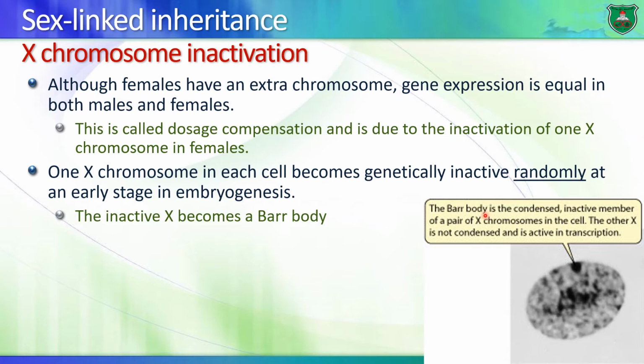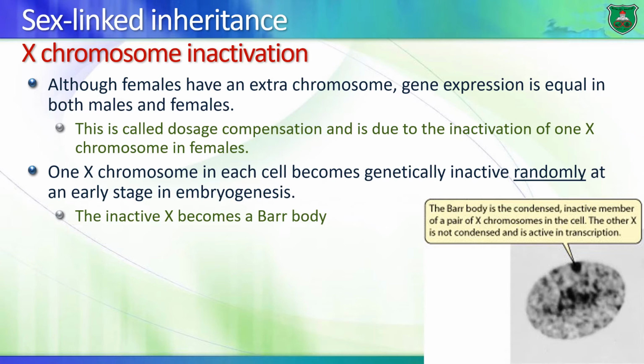So pay attention to this phenomenon, because if you have a mutated gene on the X chromosome, you have to ask yourself, is it located on the active X chromosome or the inactive X chromosome? Okay. Now, why is it that we have X chromosome inactivation? Well, this is known as dosage compensation, meaning that females have 2 X chromosomes and males have 1 X chromosome.